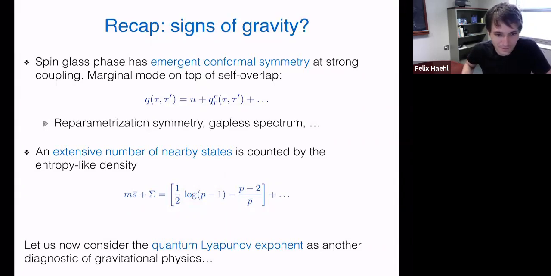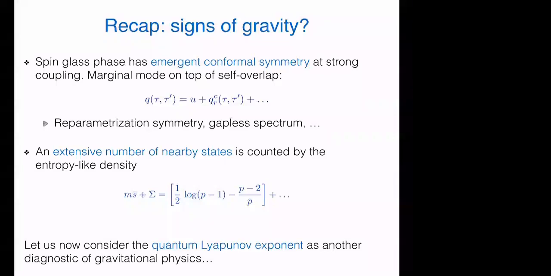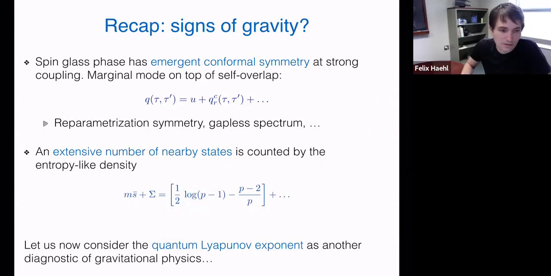And even e to the minus beta Z has a partition function interpretation, right? So even that can have a gravity interpretation. Sure. It might be interesting to see if other approaches would be useful. I'm just considering this particular approach here.